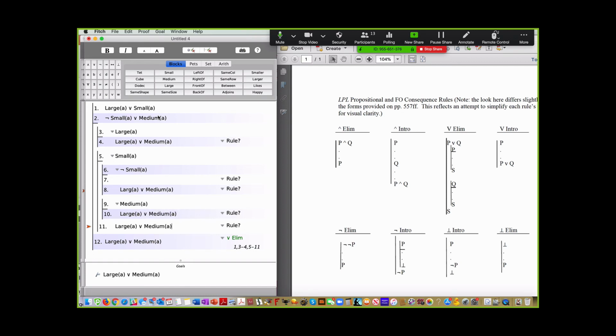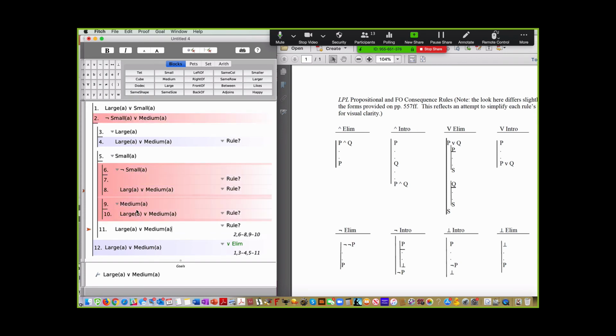So that we can get out of that nested sequence and say, as Ivan pointed out, look, in either case, whether A is not small or it's medium, it's got to be large or medium. So we have another disjunction elimination.